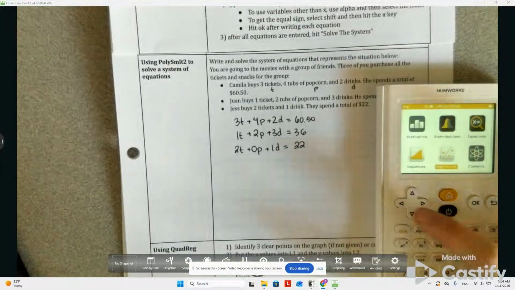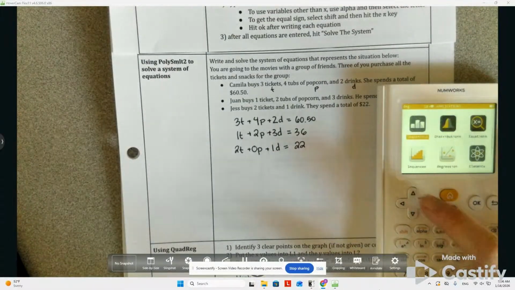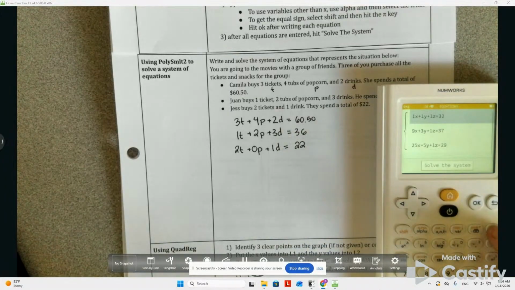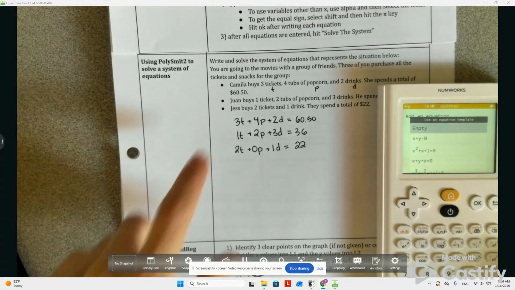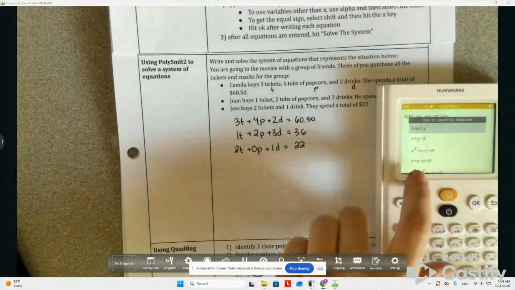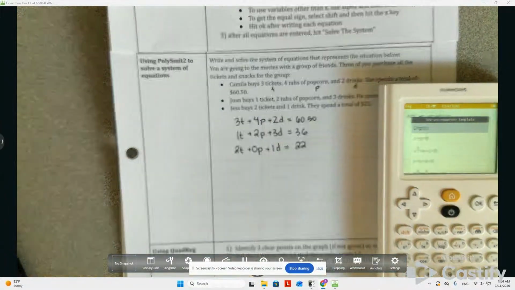So if we go into equations, I'm going to clear all this, clear, add an equation. I'll just show how we can type them in from scratch on this one. Again, I think it's quicker to use X, Y, and Z, so you just have to input the numbers.